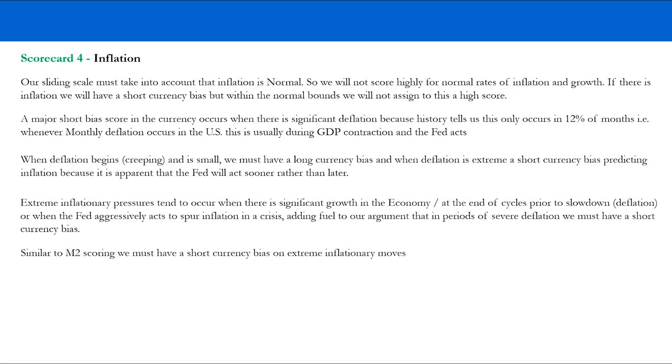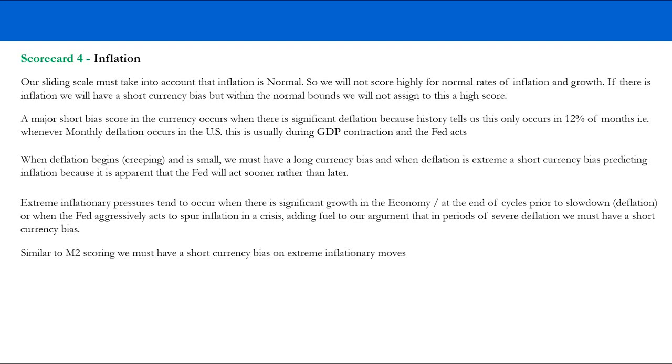So we're not going to score highly for normal rates of inflation and growth again. If there is inflation, we're going to have a short currency bias, but within the normal bounds, we're not going to assign a high score to what we consider as normal inflation on the CPI ex food and energy.